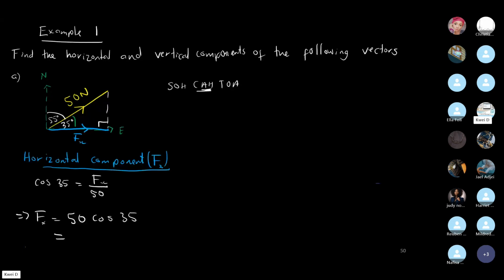Even though the vector is acting northeast, if you are looking at the force with which it is acting east alone, that will be 40.96 newtons. That's the amount of force which is acting east only. I hope you are getting me.